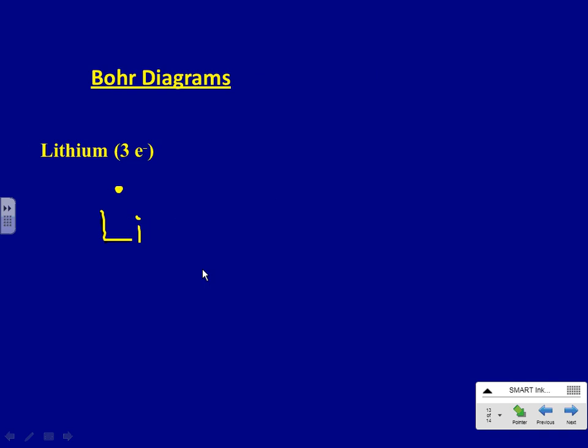I'm working my way across the periodic table. Boron. How many dots am I putting around it? 3. 1, 2, 3. Yep. Aluminum.